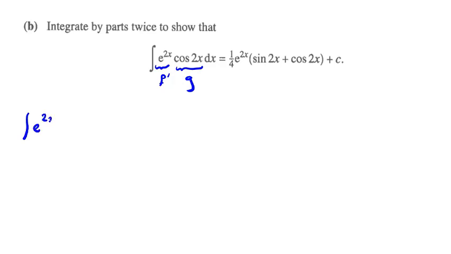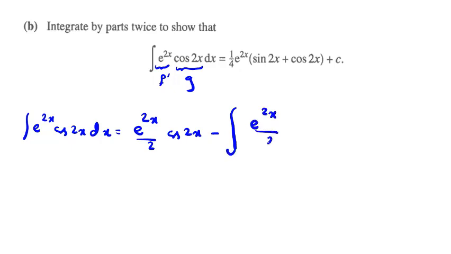Let me write the integral of e^(2x) cos 2x dx equals fg, which will be e^(2x) over 2 cos 2x, minus fg prime. What is f? f is e^(2x) over 2. g prime will be negative 2 sin 2x.